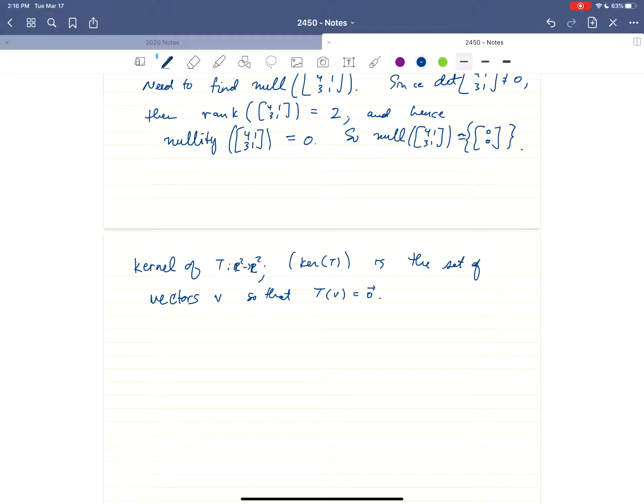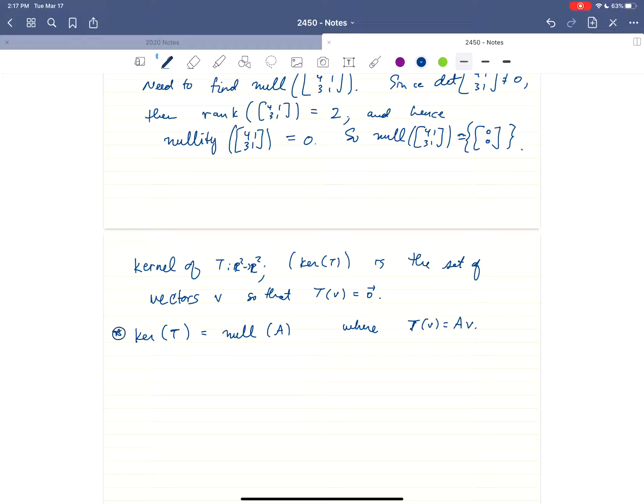Okay, and this happens to be the case that the kernel of T for these particular transformations, this is not true in general, just as a fair warning here, this is only true for transformations from Rn to Rm, between different dimensional vector spaces over the reals, but the kernel of T is going to turn out to be the null space of A, where T of V is given by AV.